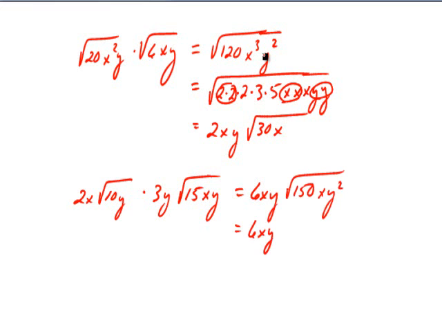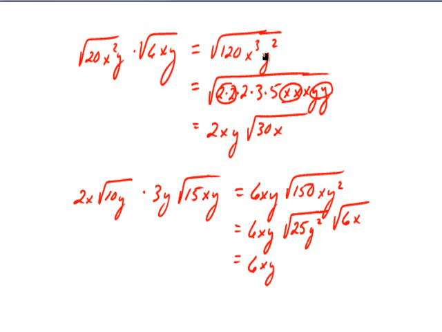If I simplify the radical, in this case, I will break it into a perfect square times whatever is needed to multiply to give me this value up here. 150, I can take out 25 as a perfect square, times 6. I can take out a y squared as a perfect square, and x is left in the other radical.